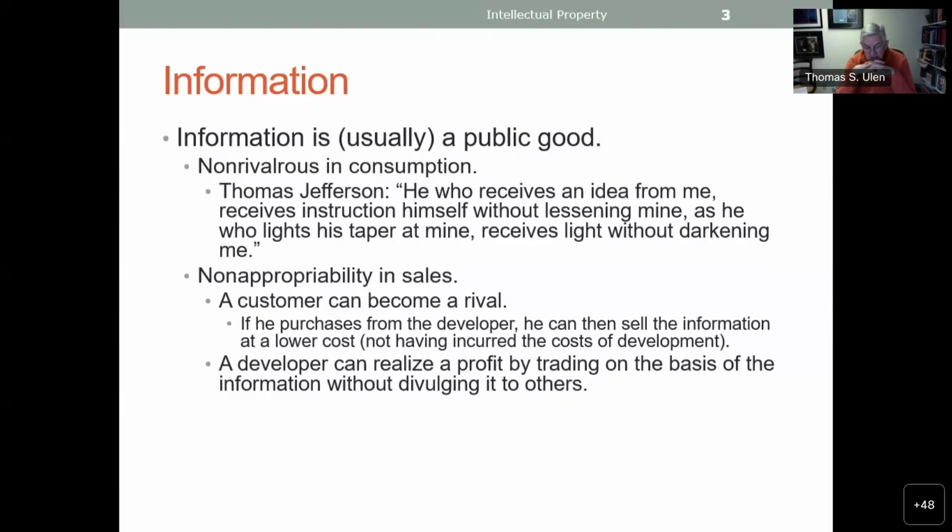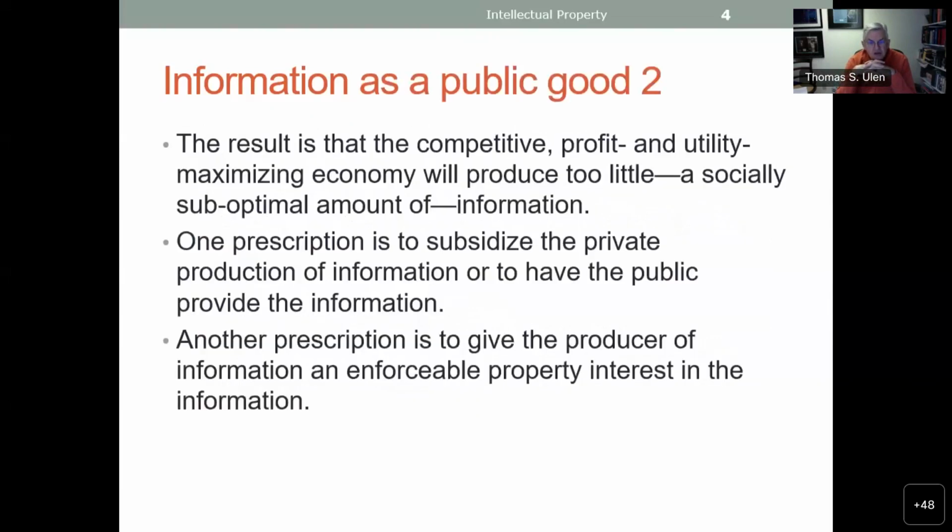Next slide, please. The usual competitive, profit-seeking motives in an economy that serve us so well in so many different circumstances are not going to work with regard to information, with the result that there's going to be a suboptimal amount of information.